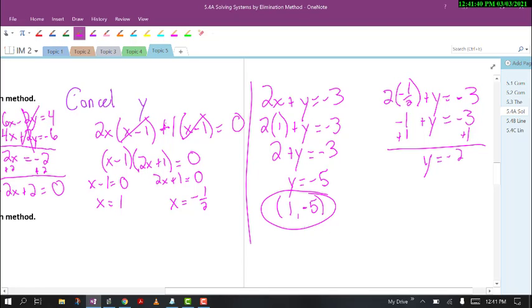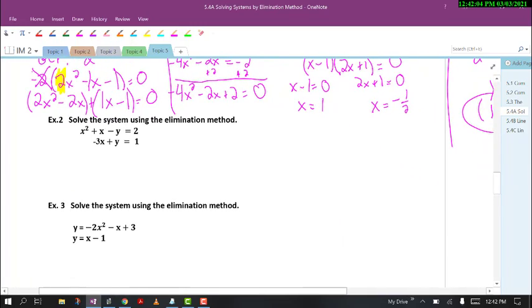And so we have our ordered pair. Negative 1/2 was our x, that's what we substituted in. And y is negative 2, what we got when we solved for y after we substituted the x value in. So that's what we're doing with these problems. We need to just find the solutions that make both equations true.